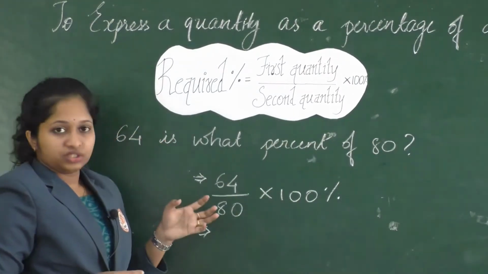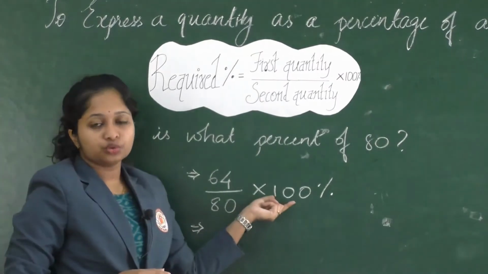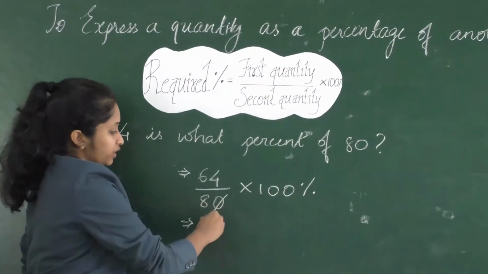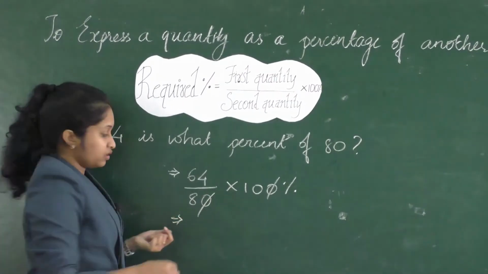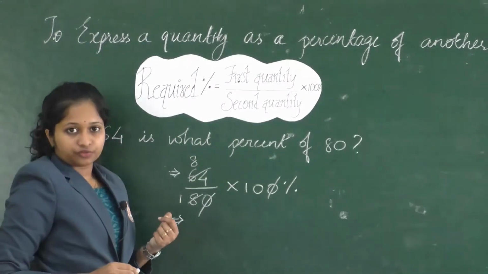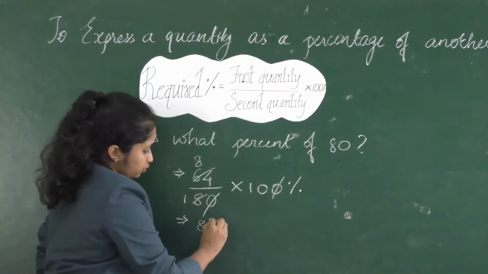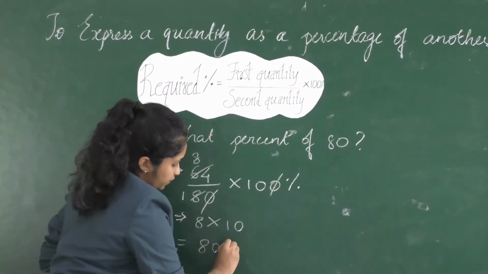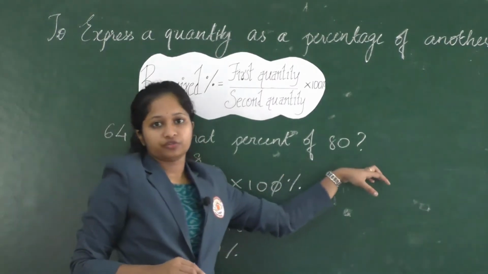So you can write it as 64 by 80 into 100%. Now we have a 0 here and a 0 here, we can cancel it, and 1 into 8 is 8, and 8 into 8 is 64. Now we have 8 into 10, that is 80%. So 64 is 80% of 80.